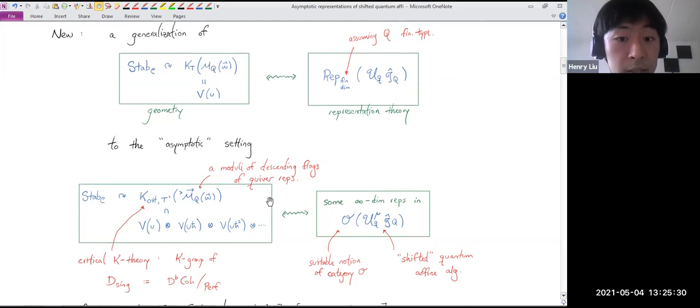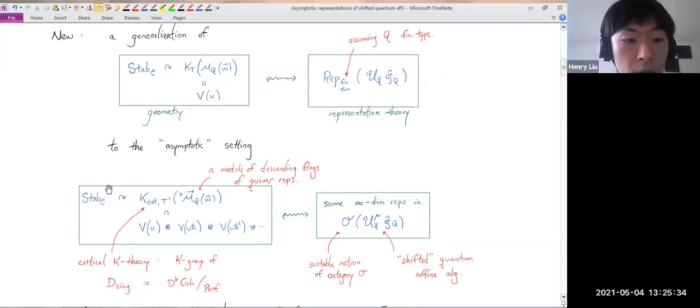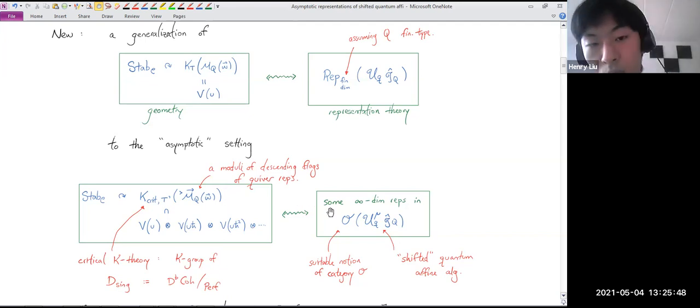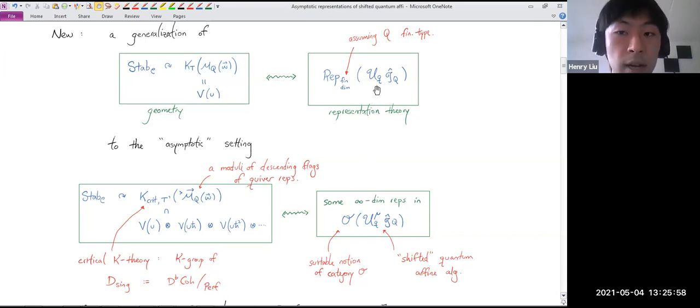So why is this interesting? It's interesting because on the representation theoretic side, you can use these stable envelopes acting on these spaces to obtain an R matrix as in the previous picture. And you can run FRT reconstruction on that R matrix, and you will get something which is related to the quantum affine algebra that you started with, except that certain shifts will necessarily be introduced.